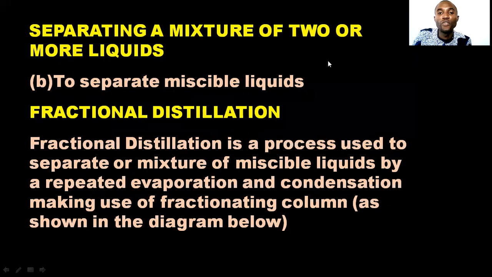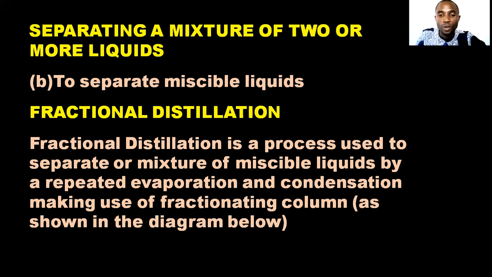All right, separation of a mixture of two or more liquids. When we separate miscible liquids, how can we separate them? We use what we call fractional distillation, and this is what we use in the fractionation of petroleum products.